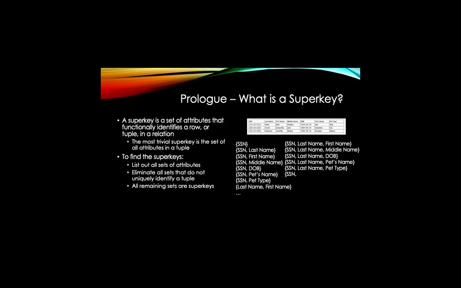So a couple of bits of prologue we need to go over up front. Everything in the language of describing data normalization is written around a few things. One of them is called a super key. Well, what the hell is a super key? That sounds like a made up word, and it is a made up word. But basically what happens when you're looking at a collection of data, it doesn't have to be arranged in any way, shape, or form.